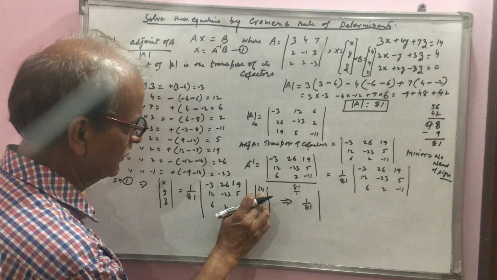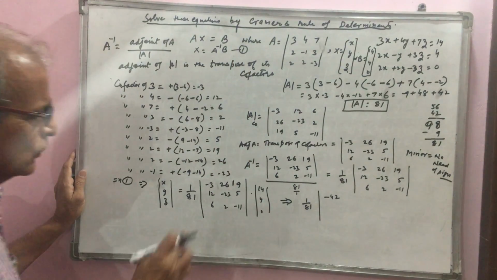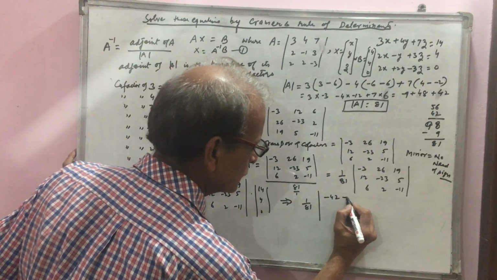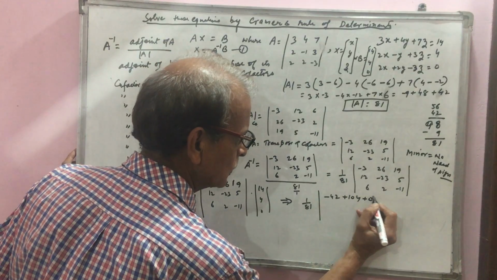Minus 3 into 14, minus 42; 26 into 4, plus 104; 19 into 0, plus 0.